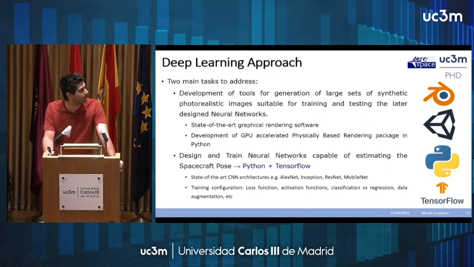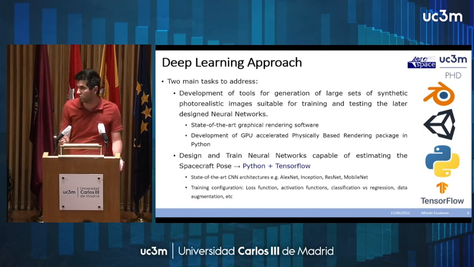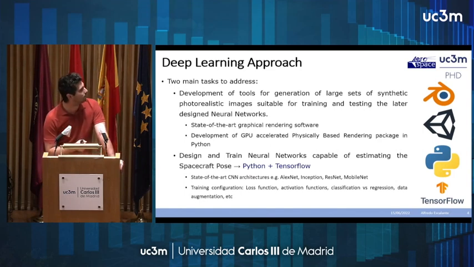We are dealing with state-of-the-art architectures like AlexNet, Inception, ResNet, or the lighter MobileNet, and also small variations of these networks. And also we have to work with what we call training configuration, which is basically the parameters and the techniques that you have to apply during training the neural networks to get the optimal solution.